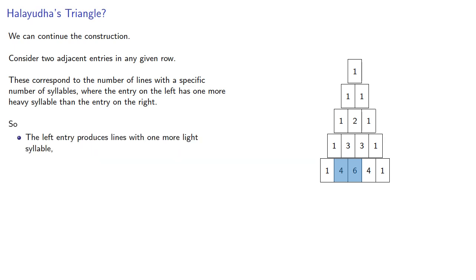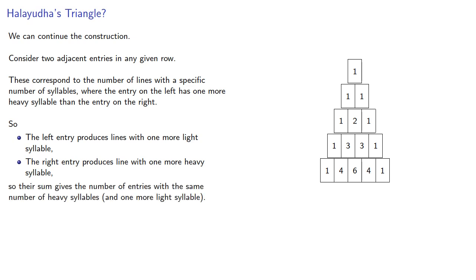So the left entry produces lines that have one more light syllable, and the right entry produces lines with one more heavy syllable, so their sum gives a number of entries with the same number of heavy syllables, because remember the one on the right had one fewer heavy, and one more light syllable. And this is a proof that the Meru method does give the numbers of lines with any number of heavy and light syllables.